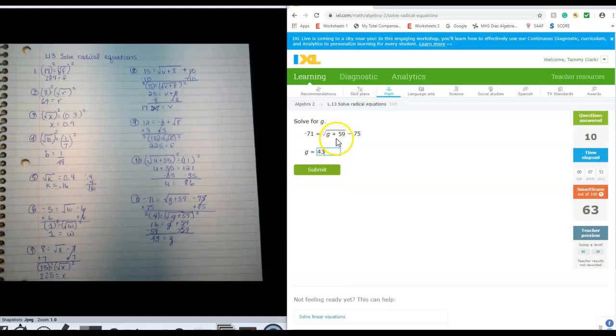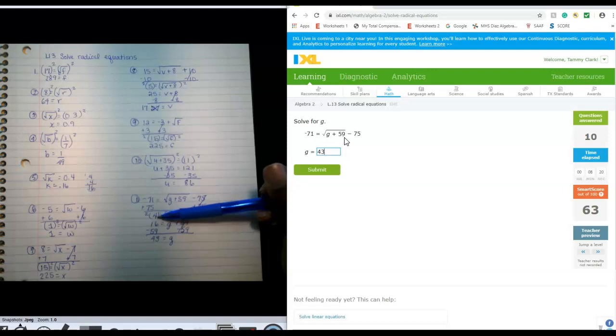Now, I really feel like checking this. So 43 plus 59, that's 102. So let's see here. I don't trust this. I think I've gone a little too fast. Let me recheck. So I added 75 to both sides of the equation.